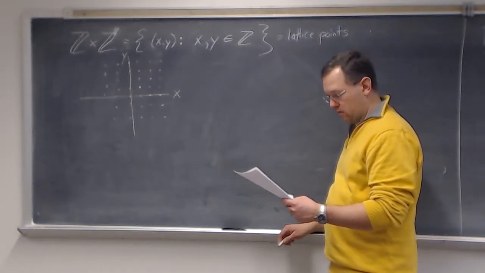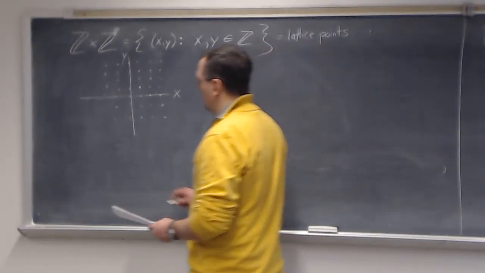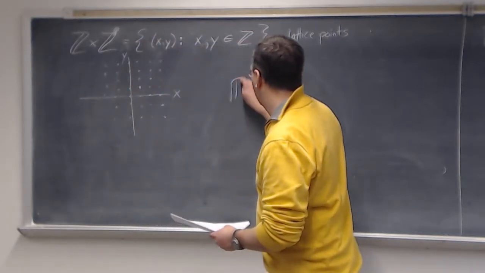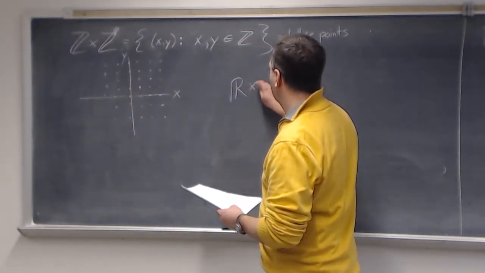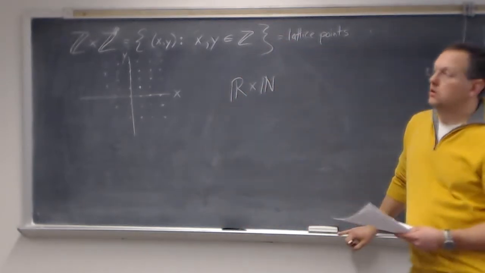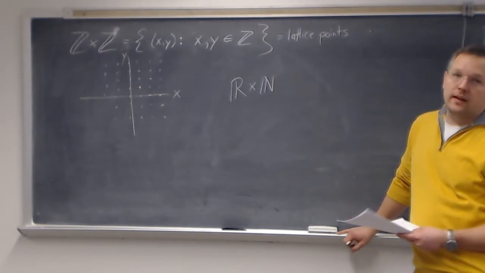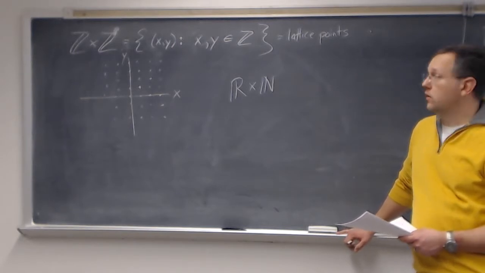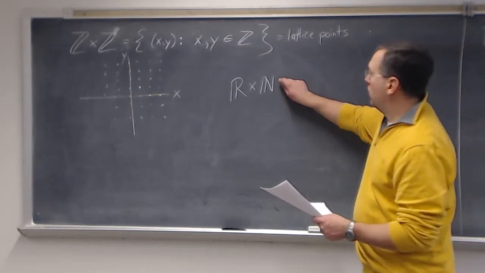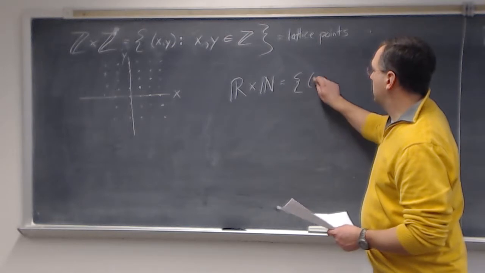How about the set R cross N? So the product of the real numbers and natural numbers. Remember the natural numbers are like positive integers, so 1, 2, 3, 4, 5. So what do these points look like?